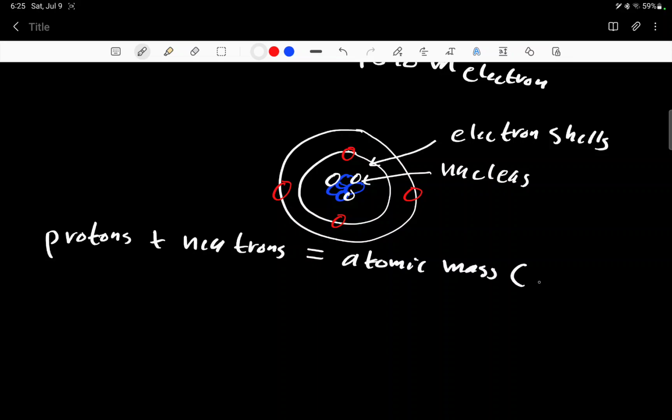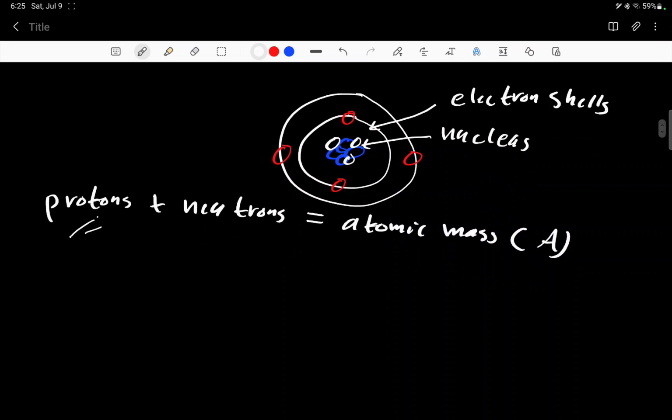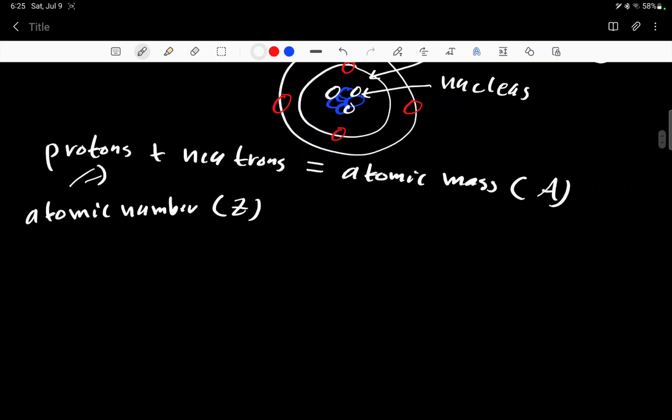The symbol of the atomic mass is A. The number of protons itself is called the atomic number. The symbol of the atomic number is Z. So we can say simply that A, the atomic mass, equals Z, which is the atomic number, plus the number of neutrons.